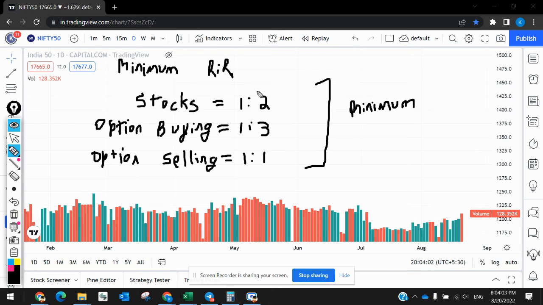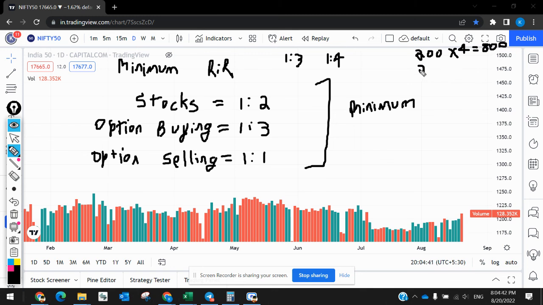I sometimes take trades in stocks with a 1 is to 3 or a 1 is to 4 risk reward. So what happens is, even though I make some losses, one profitable trade recovers so many losses that I had in the past. If I'm risking 200 and I have 4 lost trades, I make a loss of 800.